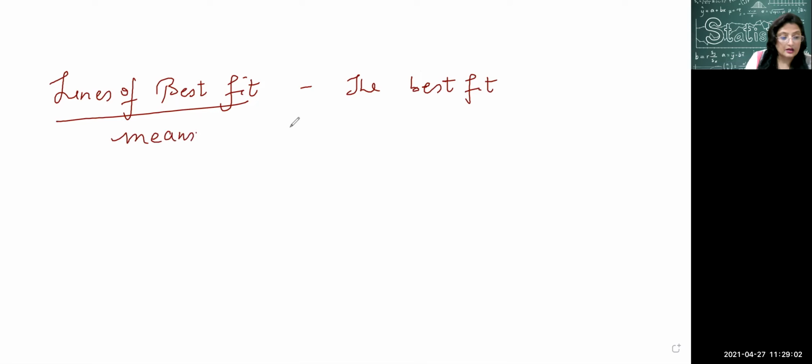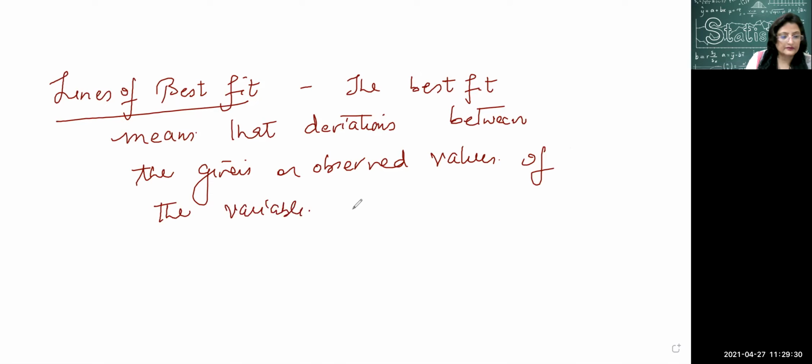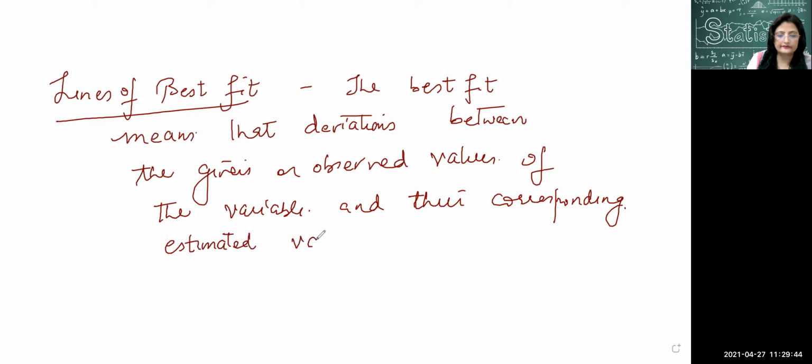Best estimate means that the deviations between the given or observed values of the variable and their corresponding estimated values are as small as possible.